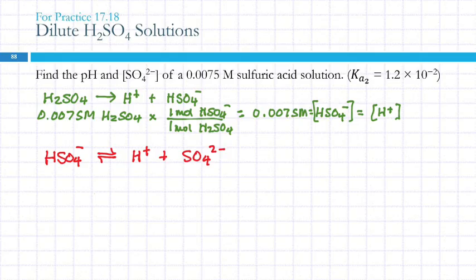So it's not just that they forgot to give it to us. We didn't need it. It was strong. Okay, so ice table. This is not the first thing happening in the solution, so we're not just starting with zeros, right? We're going to look at what happened after the first one. Well, the hydrogen ion became 0.0075.